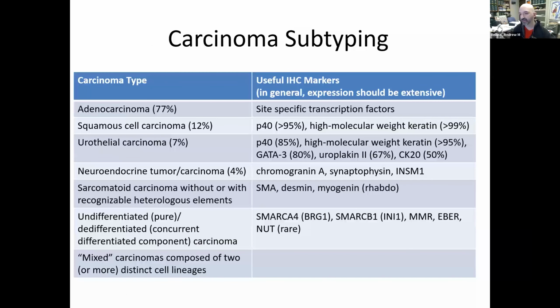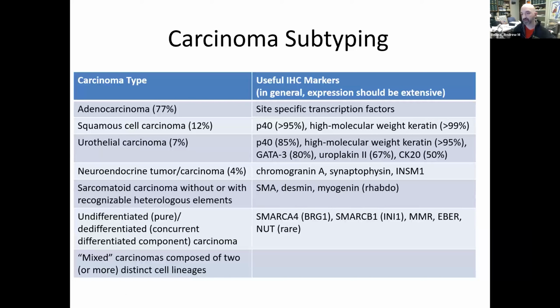Carcinoma subtyping: when the tumor is poorly differentiated, again, people get lost in the weeds. Every carcinoma is either an adenocarcinoma, a squamous cell carcinoma, a urothelial carcinoma, a neuroendocrine tumor or carcinoma, a sarcomatoid carcinoma, an undifferentiated or dedifferentiated carcinoma, and rarely a mixed carcinoma.